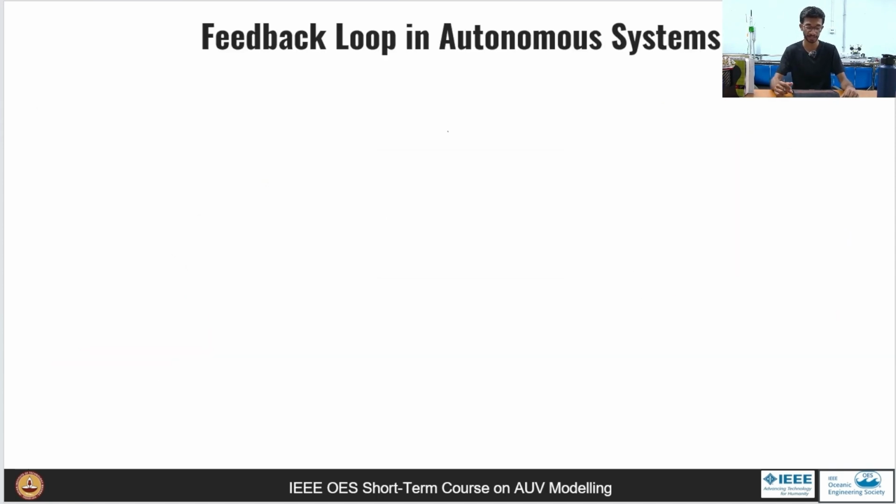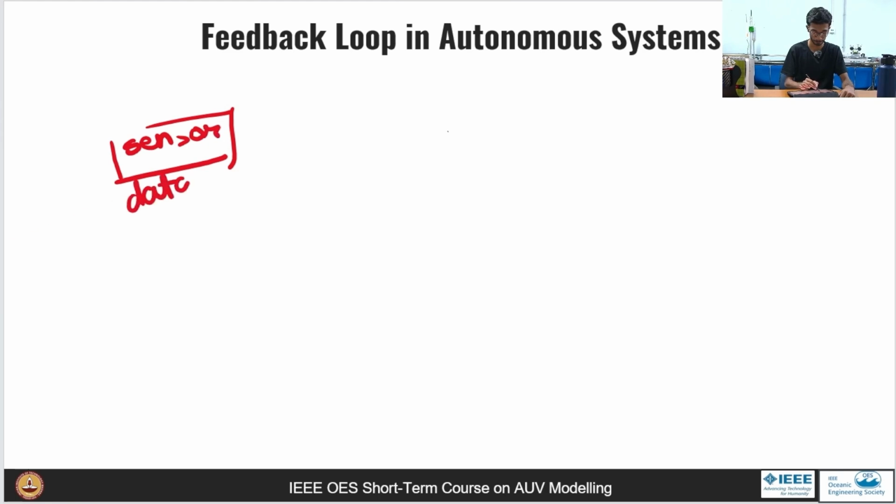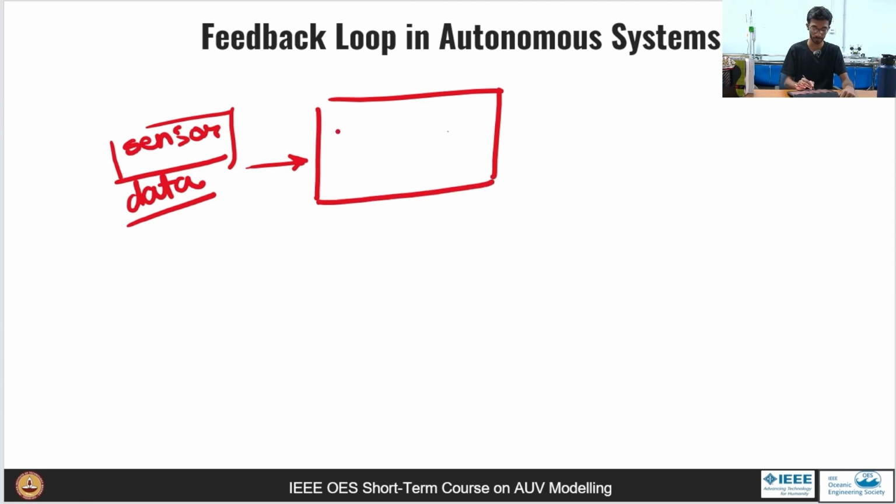Now let's understand the feedback loop in autonomous systems. For any autonomous system, the most important aspect is the sensor data. This sensor data is sent to the decision-making module of the autonomous system, which will do something called motion planning.